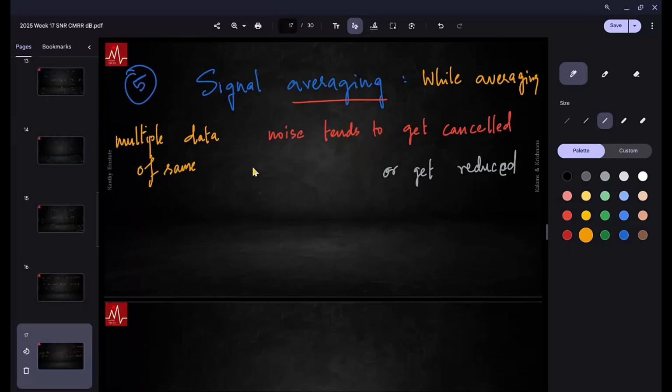That is, you take an ECG signal, you take it not once, you take it 10 times. Sometimes you take it 100 times, right? Of the same signal. Noise tends to get cancelled, get reduced.